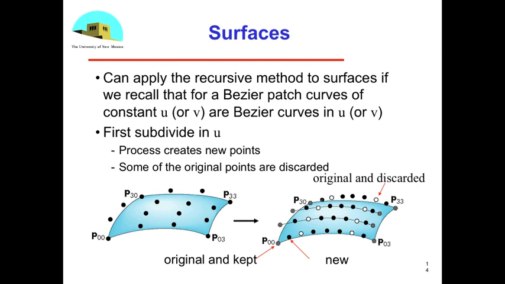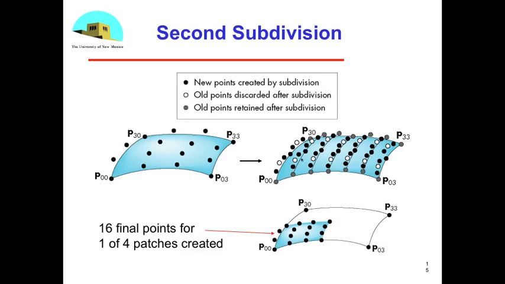I can do subdivision on U here, keeping V constant, and the same thing for all the curves determined by the black points, holding V constant and varying U. So when you do that, the diagram looks a little complicated, but the first subdivision does this. The next subdivision gives you all of these other black points, and all of these white points have been thrown away.